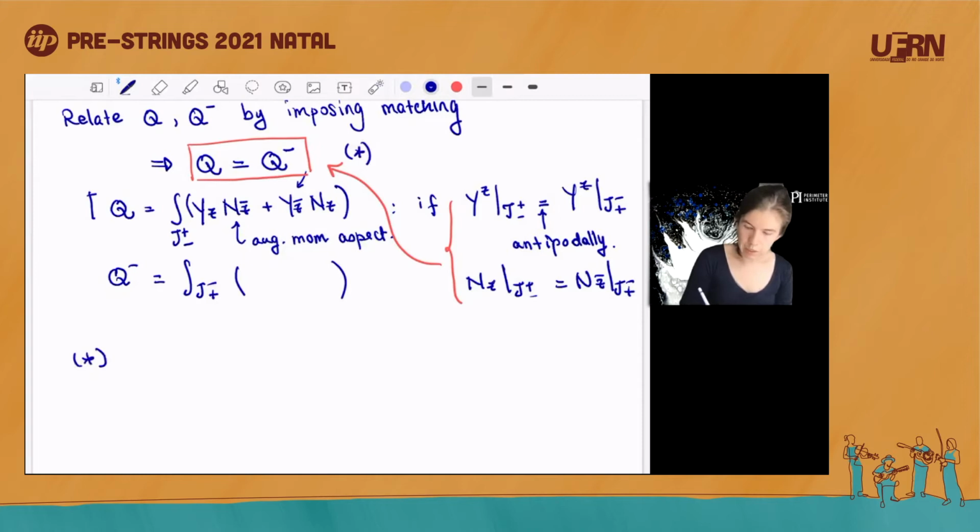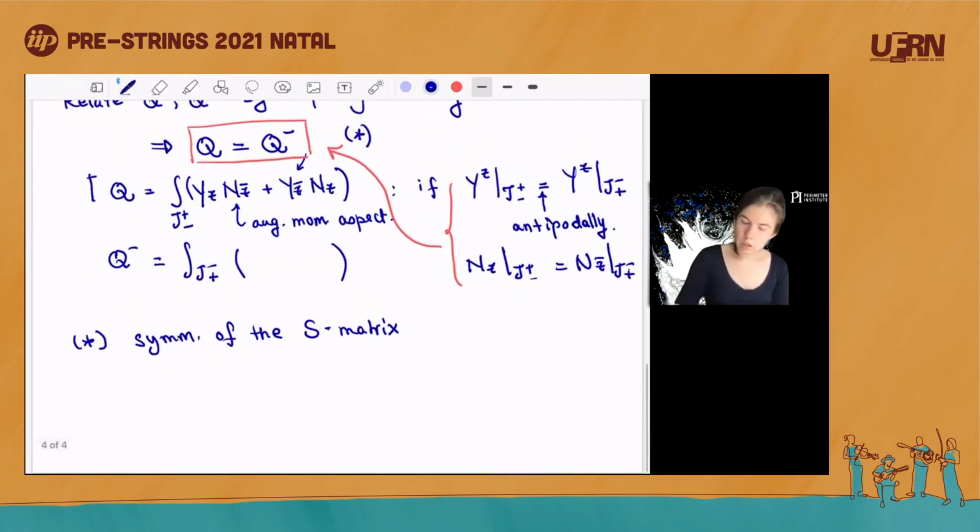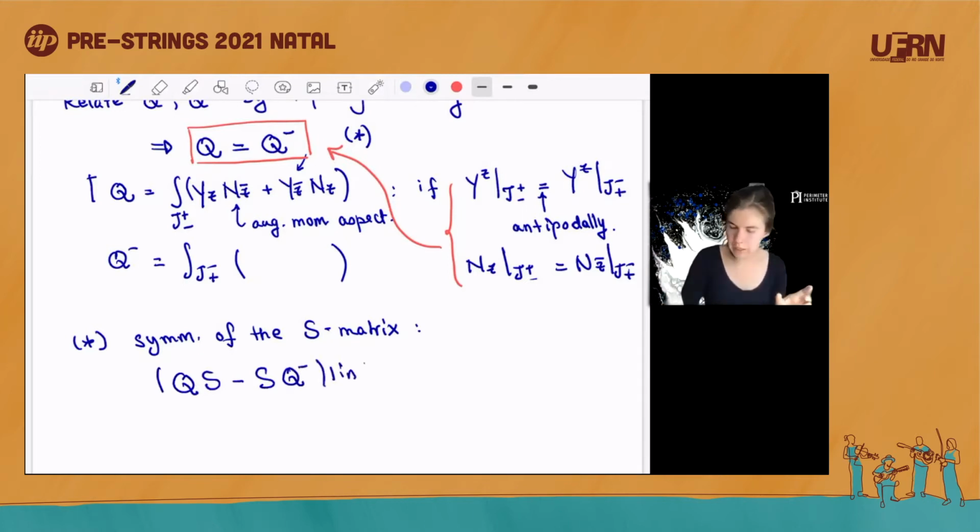The statement that this is a symmetry of the S matrix is that essentially this charge commutes with the S matrix. So we can write it as QS minus SQ minus, sandwiched between in and out states, as one would compute the S matrix, is equal to 0.